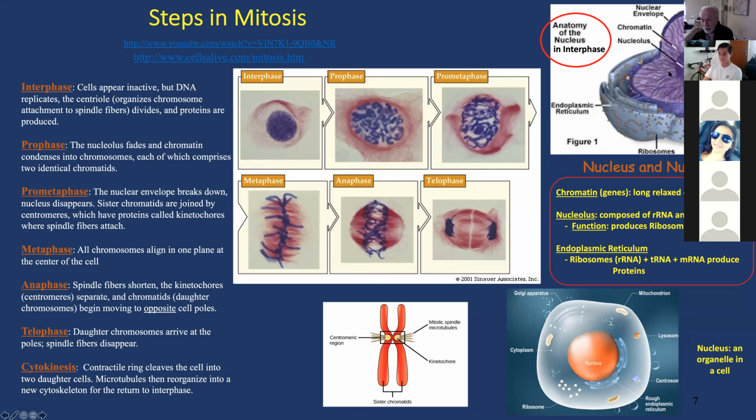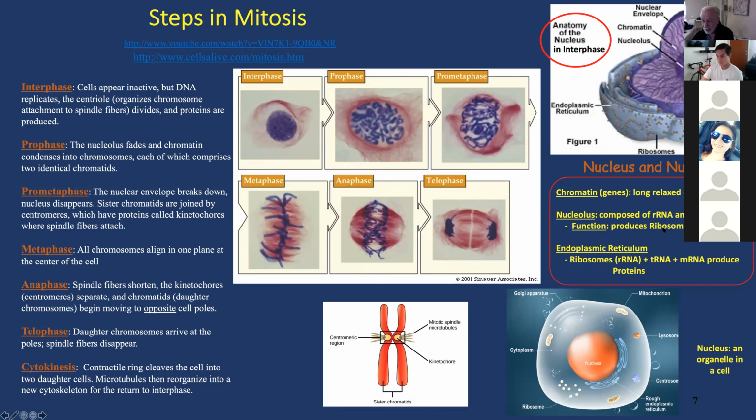Now, what is the nucleolus? I'd indicated that in prophase, the nucleolus disappears. Well, it's an organelle within an organelle, within the nucleus. It's composed of ribosomal RNA and protein, and its function is to produce ribosomes.